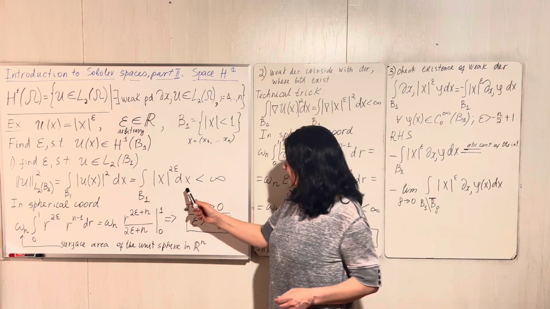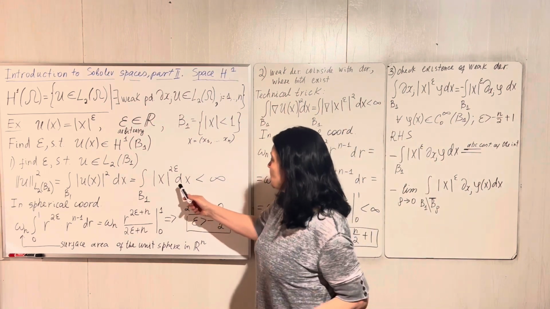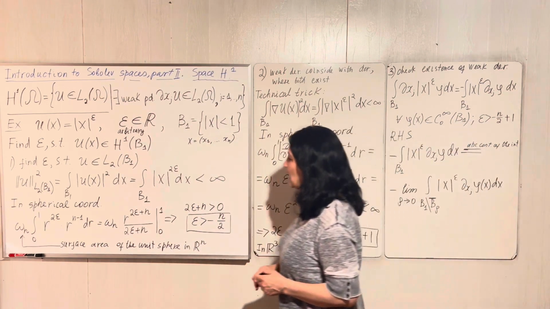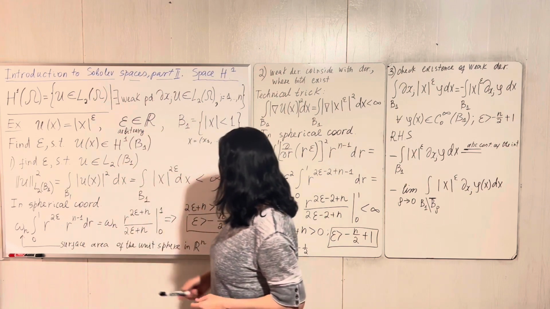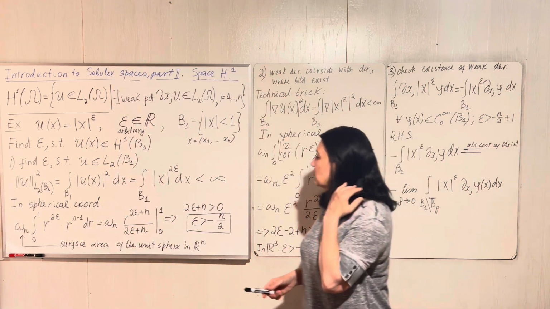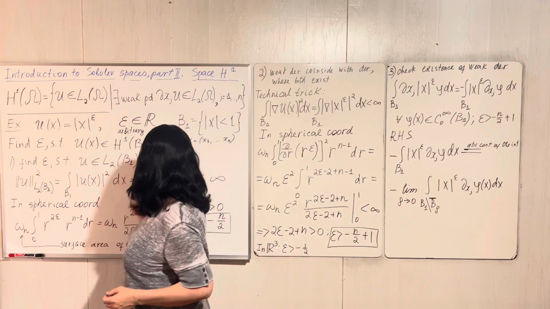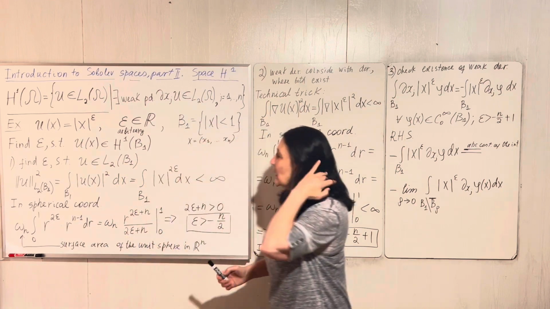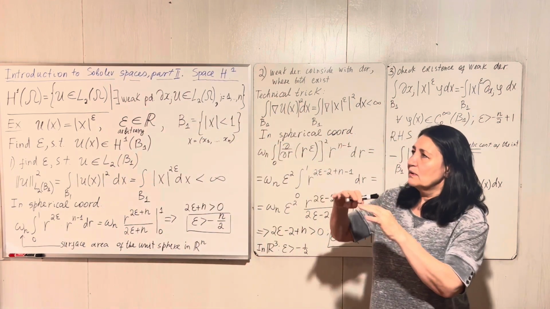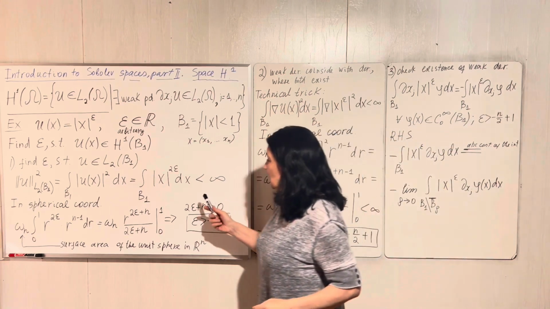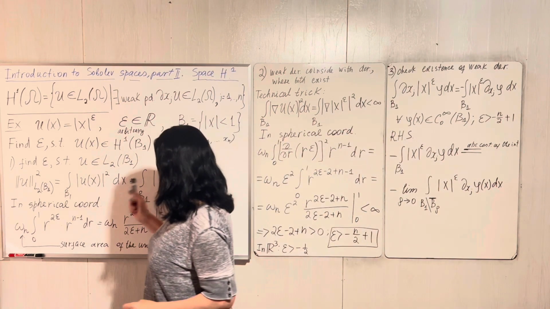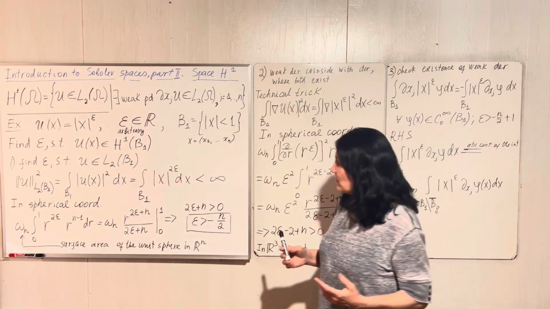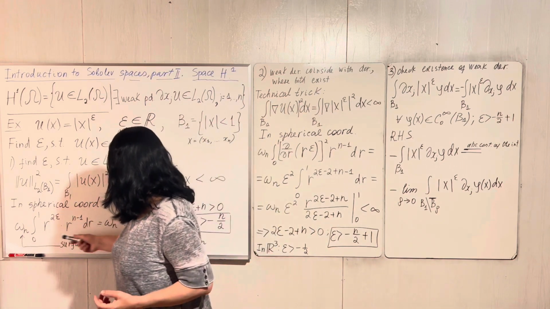To compute this integral, we will switch to spherical coordinates. By switching to spherical coordinates, we will be able to integrate with respect to r, from 0 to 1, and over the sphere. When switching to spherical coordinates, we need to take into account the Jacobian. So the integral can be written as follows.